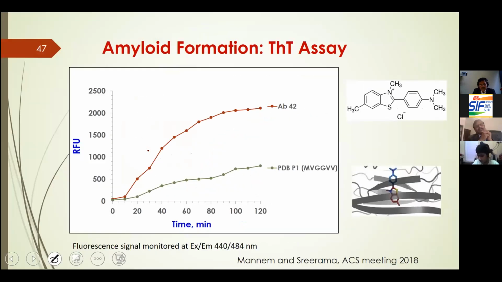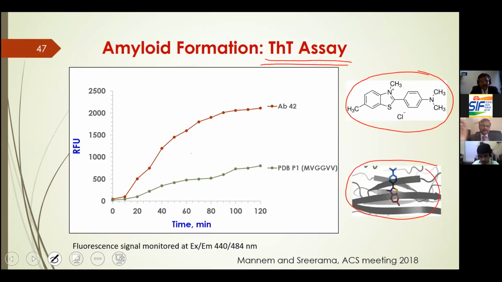Now, we need to be able to monitor whether they will aggregate and form those plaques. For this, we figured out there is an experiment we can do using this compound called thioflavin. Thioflavin binds to these aggregates of proteins and it fluoresces. You can see with time, the fluorescence increases with this amyloid peptide that I was talking about.